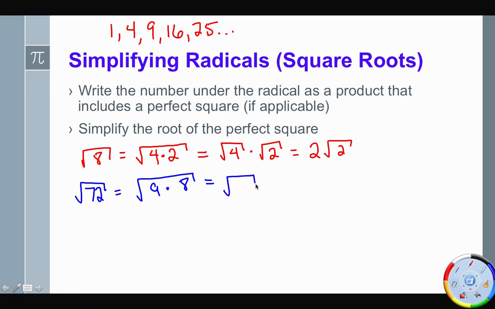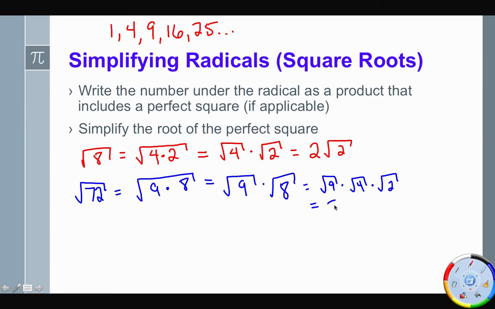I can rewrite this as the square root of 9 times the square root of 8. But the square root of 8 I could have rewritten as square root of 4 times square root of 2. So I get the square root of 9 times the square root of 4 times the square root of 2, because 9 times 4 times 2 is still 72.